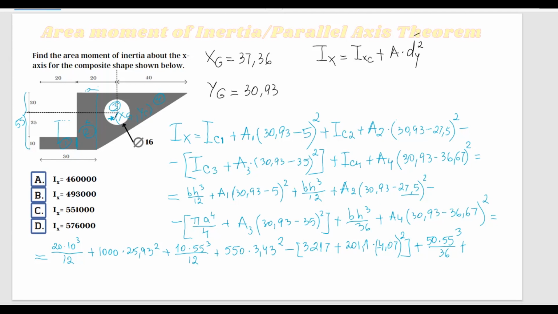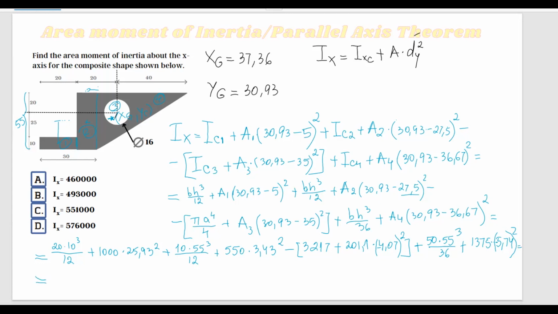So 55 times 50 divided by 2, I get 1375, and multiply by the distance, which is 36.67, 30.93 minus 36.67 squared. And again, the way I wrote it here, this is going to be negative, but it doesn't matter because it's squared, so that's why I don't really keep track of that.